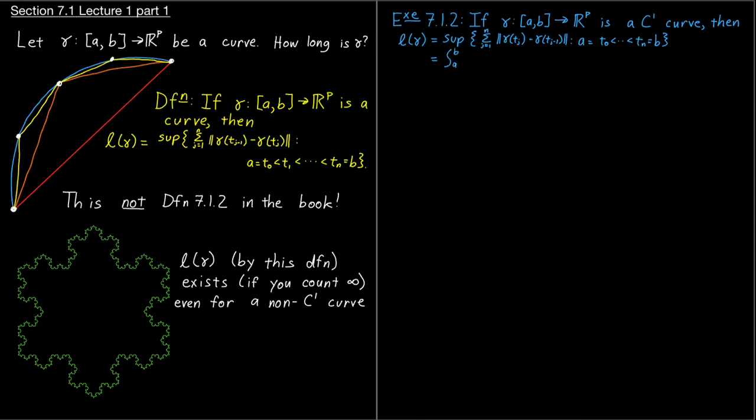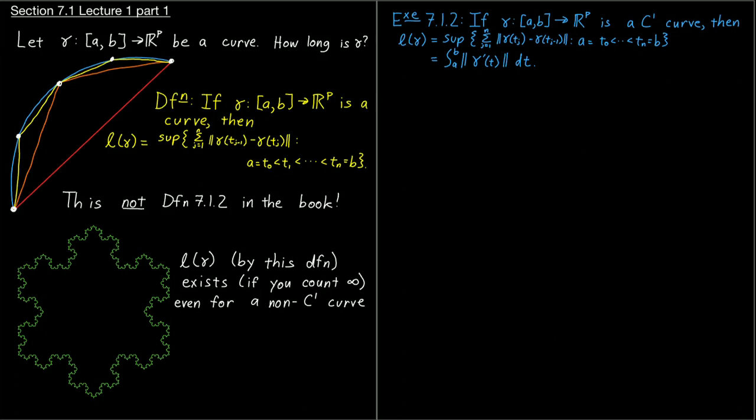It's the integral from a to b of, you take gamma prime of t, that is a vector, but it shows up in the definition of derivative, so that's continuous if your function is continuously differentiable. You take the norm of that vector, that gives you a real number, that gives you a nice continuous function, and you just integrate it. And that integral must be equal to the length of gamma.